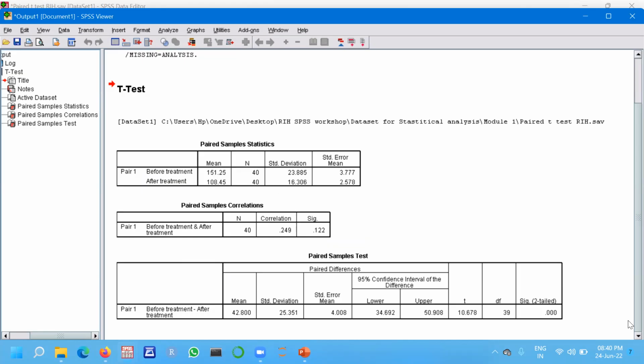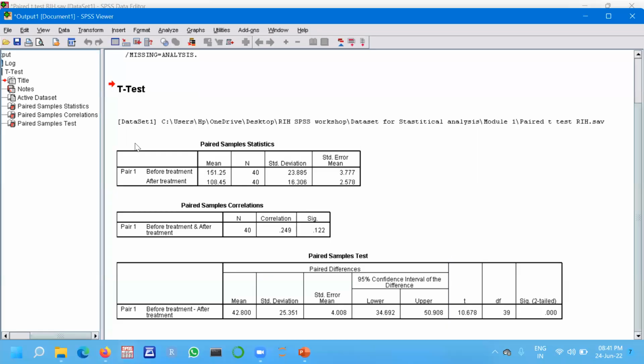Now the second table, don't consider, that is not required. Now the next one is whether it is significant or not. See, significant at less than 0.05, it is significant. Less than 0.05, the t is 10.67. Okay, so it is highly significant. The change before and after is highly significant.